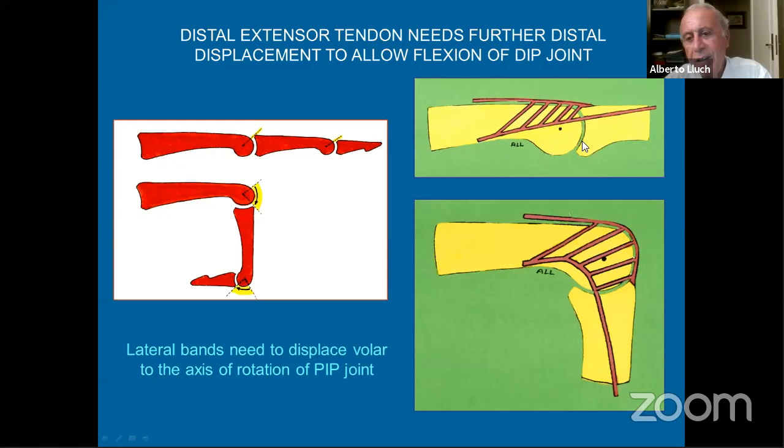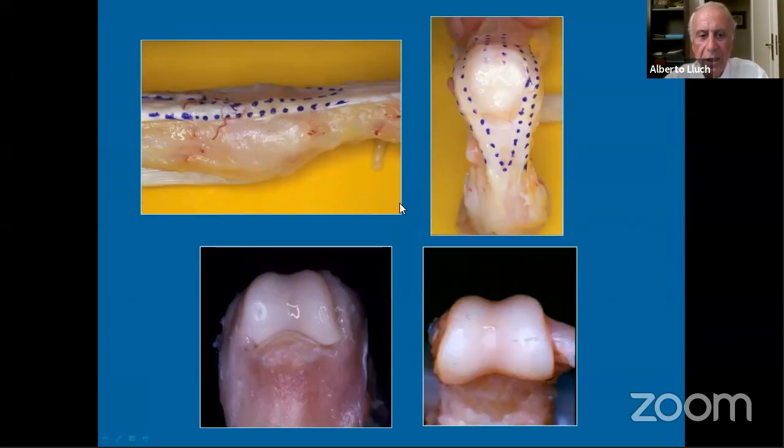Because of the lateral bands: when we flex the PIP joint, they displace anteriorly to the axis of rotation. In this structure that we saw before, this connective tissue holding the central slip and the lateral bands together has to change its shape. It doesn't elongate, because this is collagen, and collagen is practically inextensible, but it changes shape, as we'll see in the next drawing.